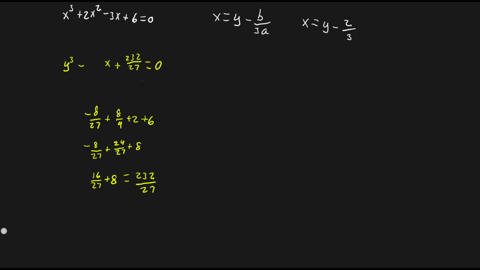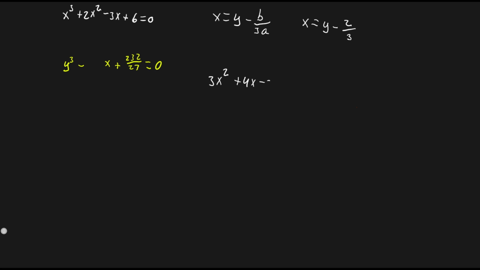And now to find our x, we're going to do the same thing by just finding the derivative of the cubic, where we will get 3x squared plus 4x minus 3. Going ahead to plug in negative 2 over 3, we get 4 over 3, because that is 4 over 9 times 3, which is 4 over 3, plus or minus 8 over 3, minus 3, or minus 9 over 3.